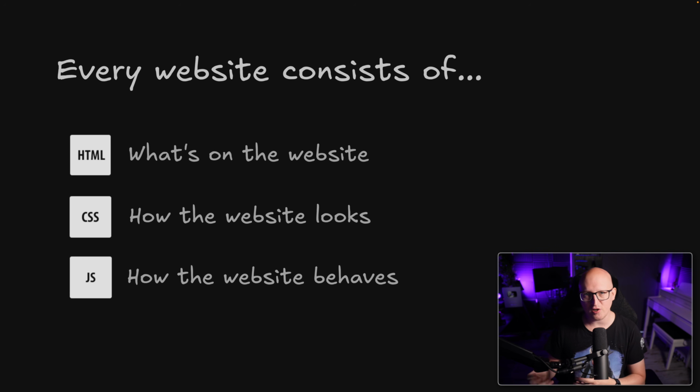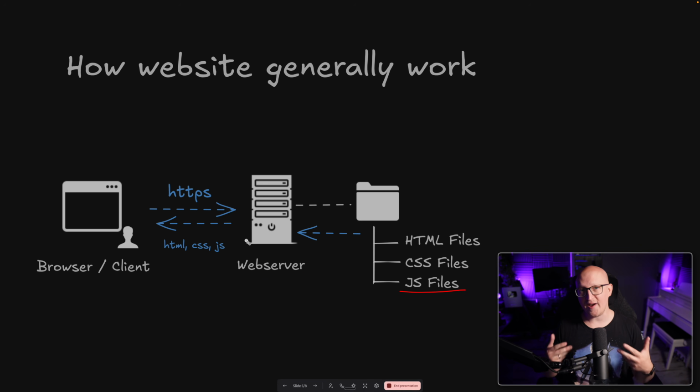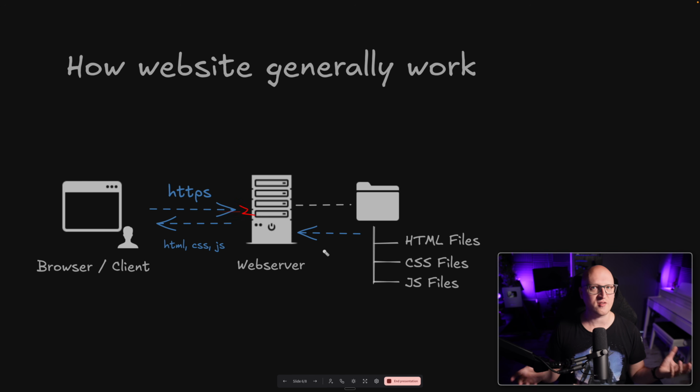So this adds behavior and interactivity to your website, allowing you to dynamically add content updates, add animations, user interactions, these kind of things. And generally, if you want to host a website somewhere, you also have to have a web server, of course, so that delivers all of these files to your browser, where they're finally interpreted and presented to you as a user.